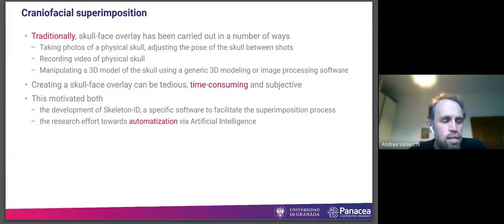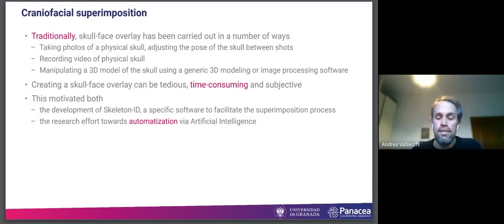So traditionally, skull-face overlay has been carried out in a number of ways. For instance, at the very beginning, it was done by taking pictures of the physical skull, and the pose of the skull was adjusted between shots until the photo looked more or less like the photo of the face.